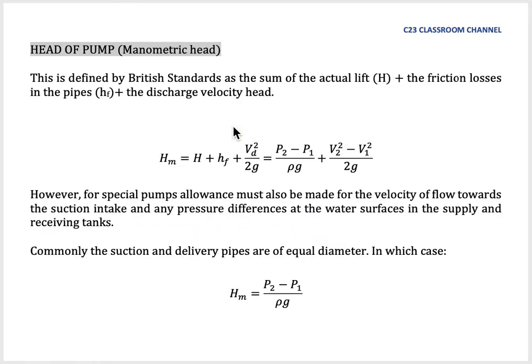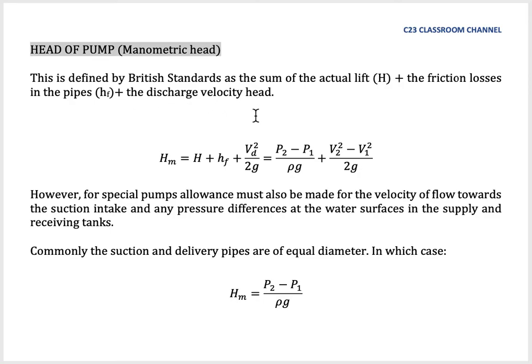However, in this chapter, we are very particular about head because we have a few types of head. What we need to use is the head of the pump, also called the manometric head. This is defined by the British Standard as the sum of the actual lift H and the friction losses in the pipe HF plus the discharge velocity head.